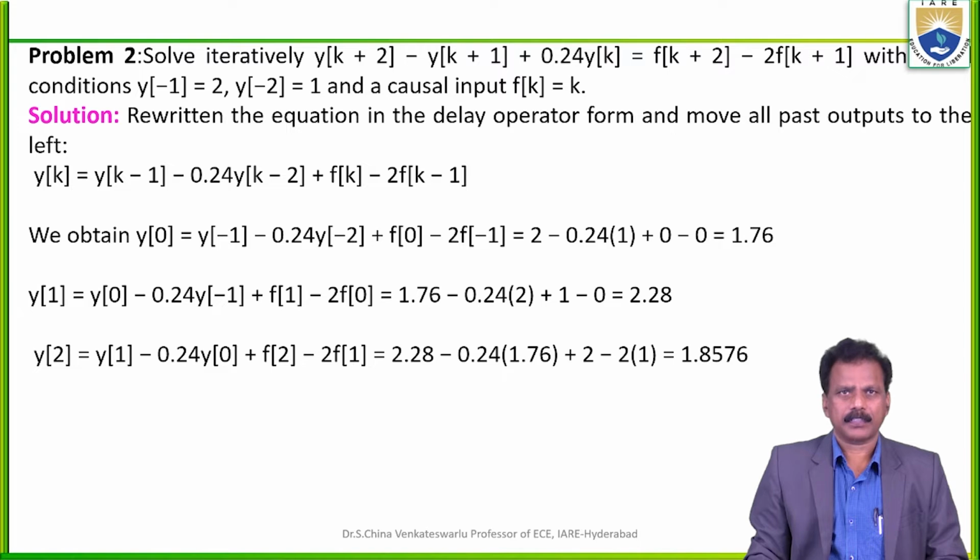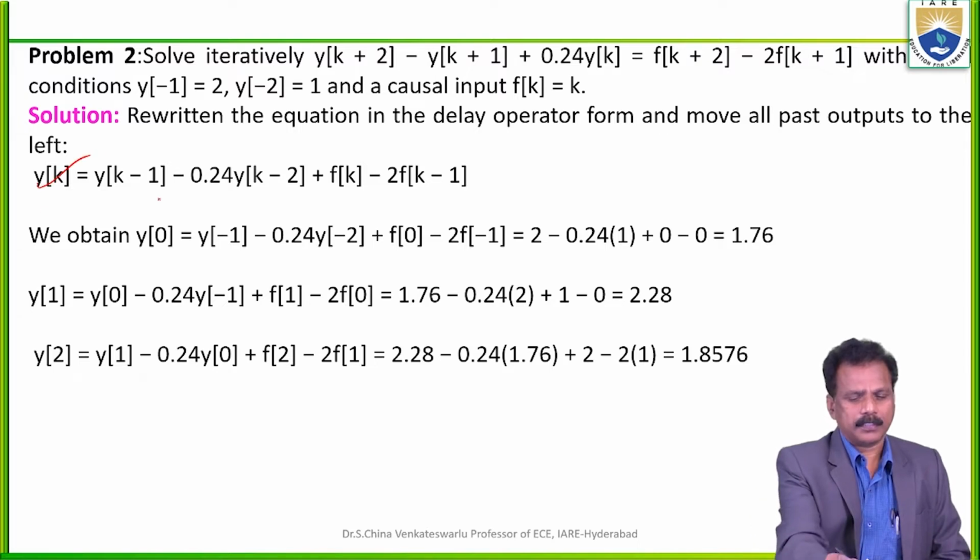How do we verify this? We rewrite the equation in the delay operator form and move all past outputs to the right: y of k is equal to y of k minus 1 minus 0.24 y of k minus 2 plus f of k minus 2 f of k minus 1.